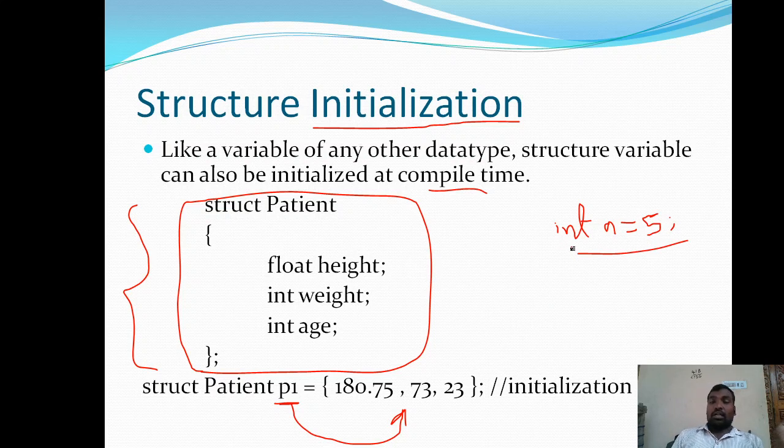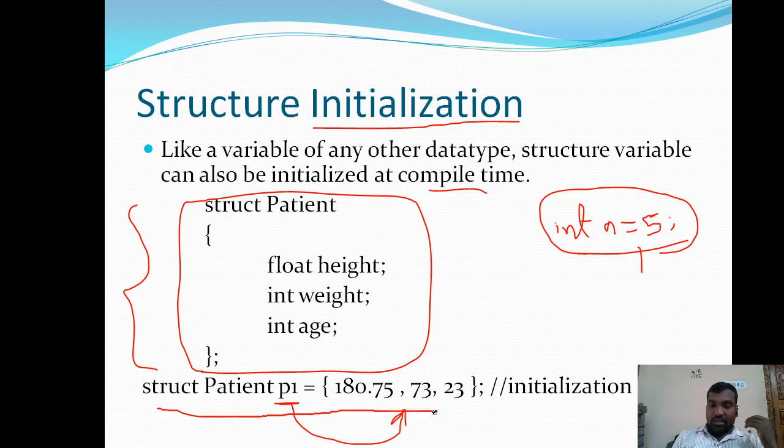In the same way, you can also initialize the structure variable at the time of declaration. Here p1 is the structure variable we are declaring, and at this declaration we are assigning these values.